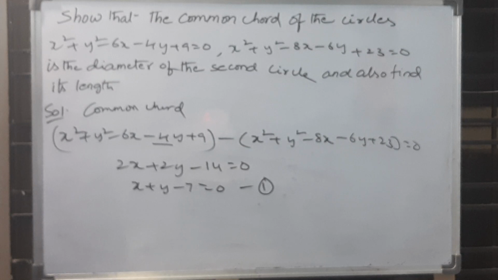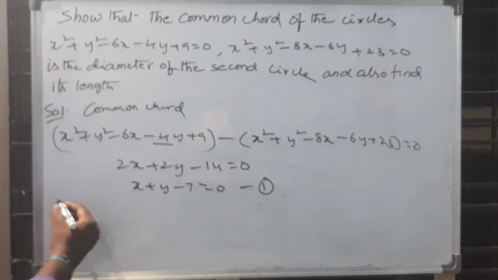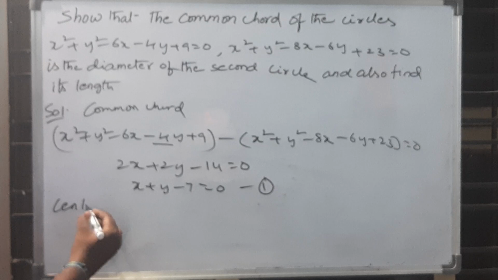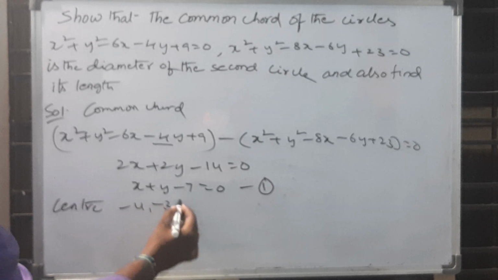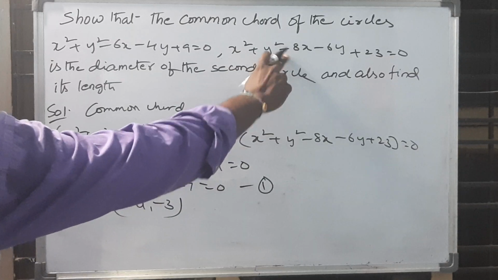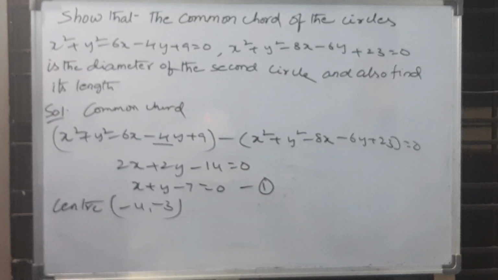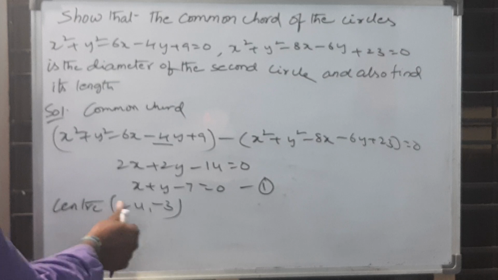The center of the second circle is what? Center of second circle is minus g comma minus f. This is the second circle. So g is minus 4, so the center is 4 comma 3.